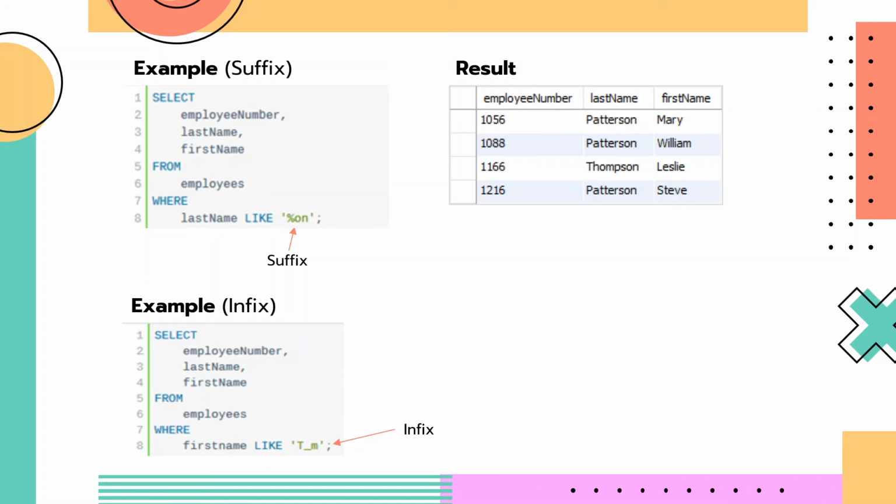So the syntax will return the data if the first name starts with T and ends with M, and we insert any character in the middle, just one character. On the right side, you can see the result set. The first name starts with T, ends with M, and we put the letter O in the middle. So the first name is Tom.